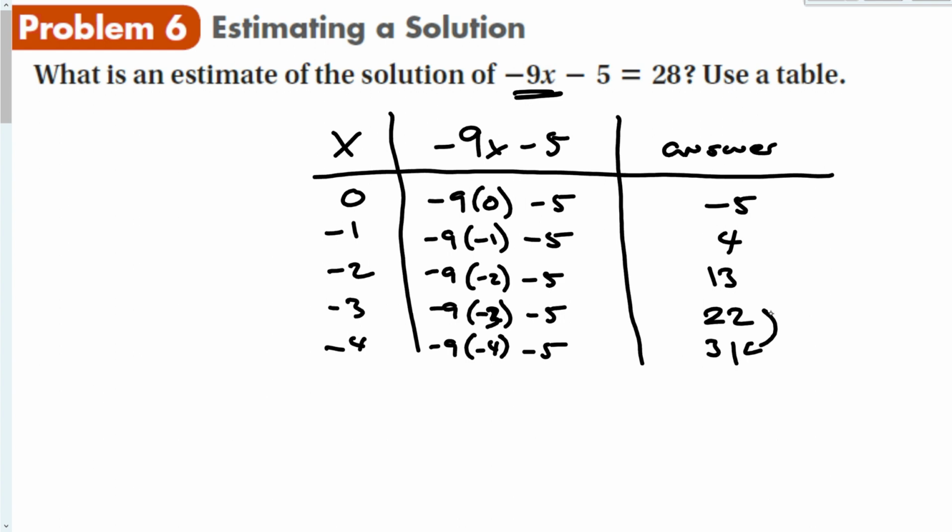So I know my answer is going to be somewhere in here, and it's going to be closer to the 31 than it is from either. Okay, so if we were to estimate this, it would probably be about negative 4, somewhere in between negative 3 and negative 4. Okay, and we'll look at how to get exact answers in chapter 2.